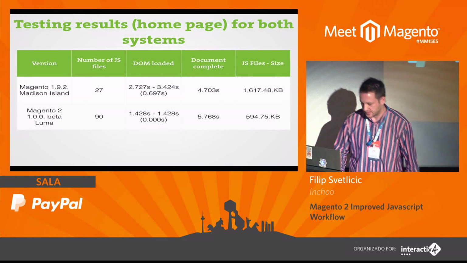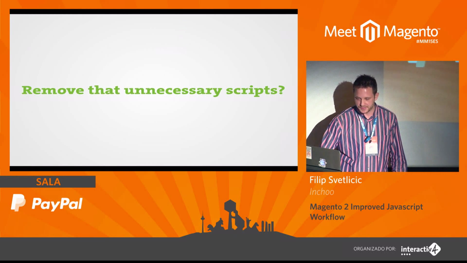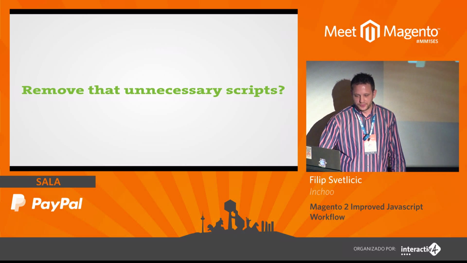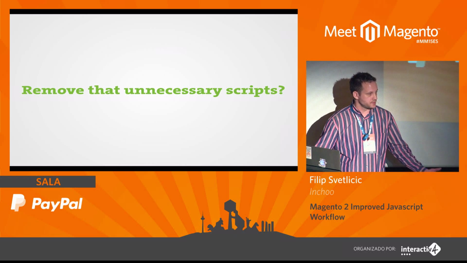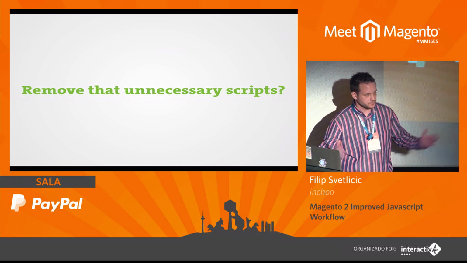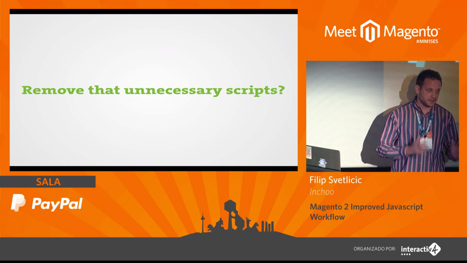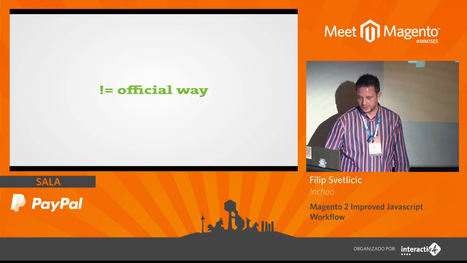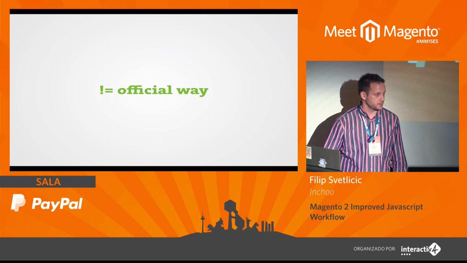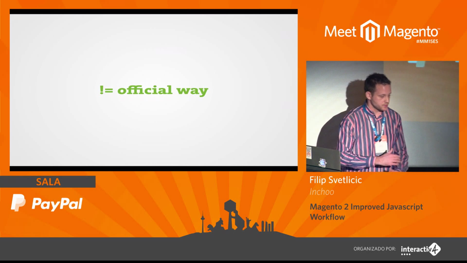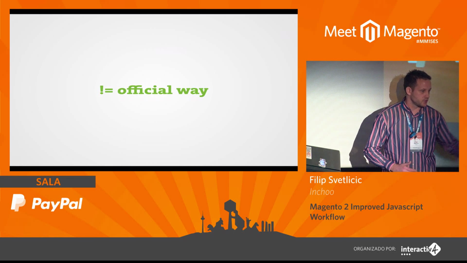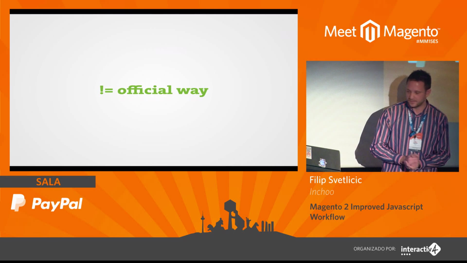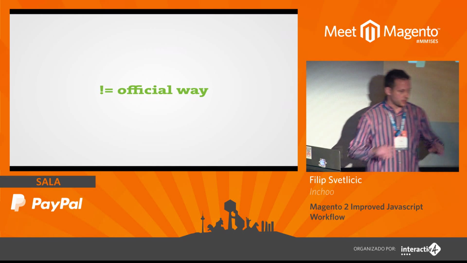Now, that's the problem, and how to remove those unnecessary scripts, because we have plenty of them. 90 calls is very much, and there is still no official way, because Magento merges all require config.js files. It just merges them, it doesn't override them. But it's still in development, so I don't know for sure.